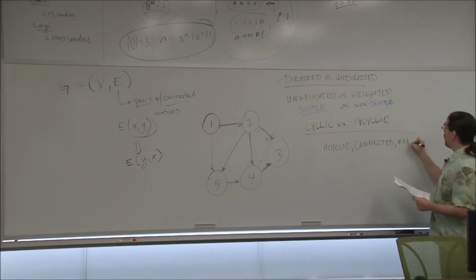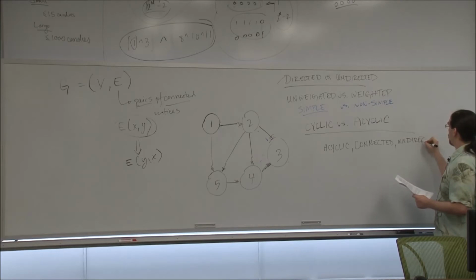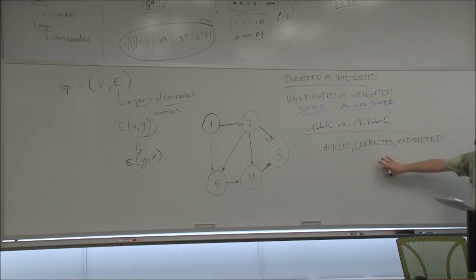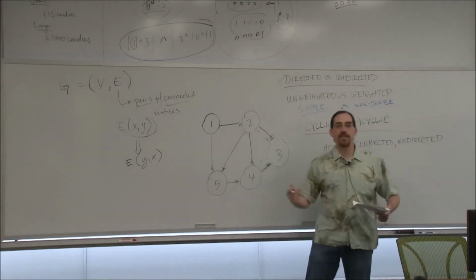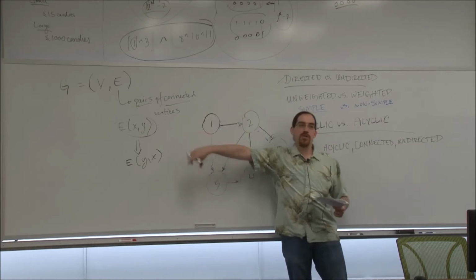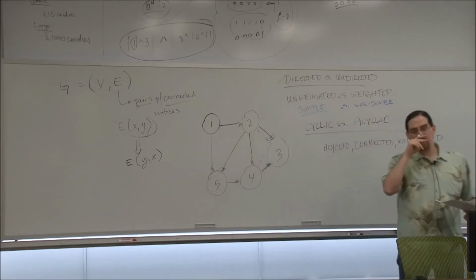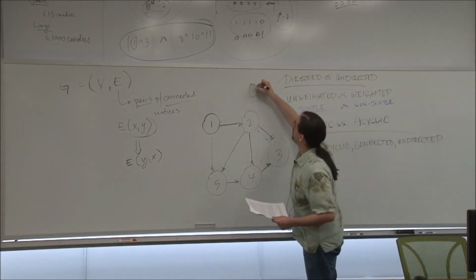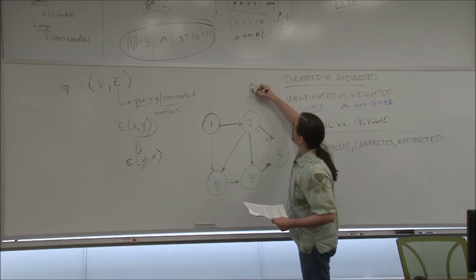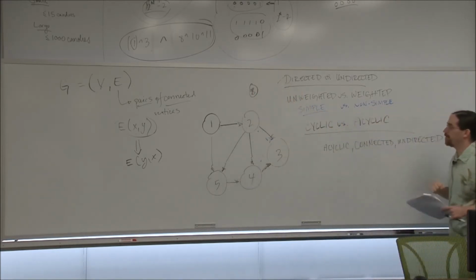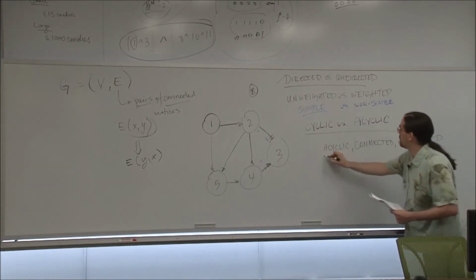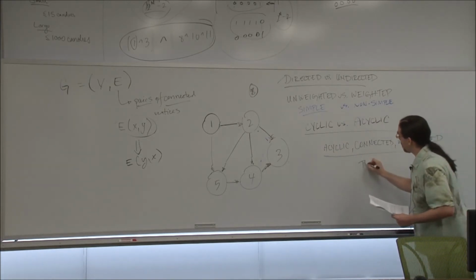Sorry, I said unweighted, my bad. Undirected. So we know what acyclic and undirected mean. What connected means is that there's always some path from one node to the rest of the graph. So there's not another node up here called 8 with no path from that node to the rest of it. So it's connected. And this is a tree.